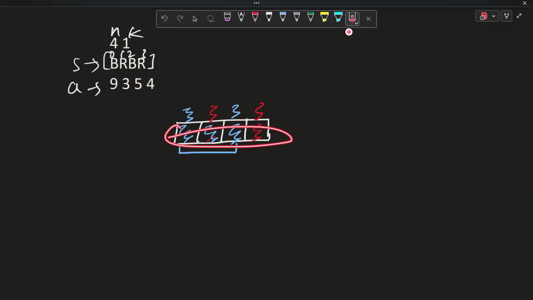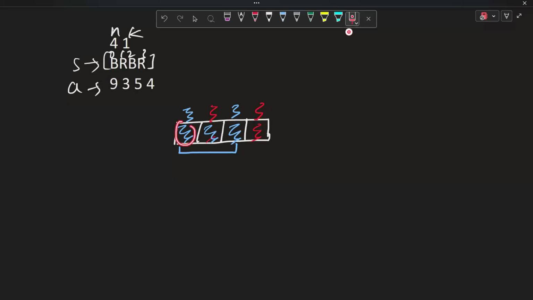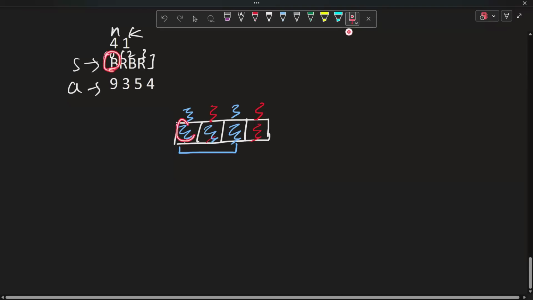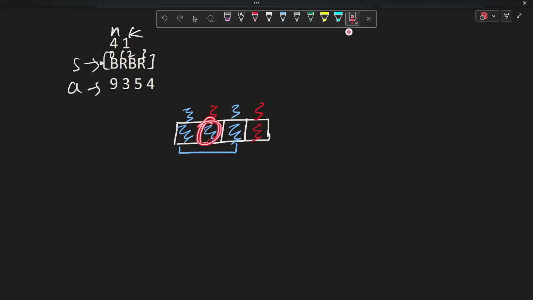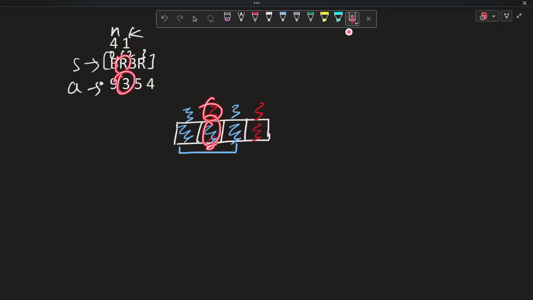So this would be my final strip. Now let's calculate the penalty. How would the penalty be calculated? First, the first strip needed to be painted blue. It is blue, so no penalty for that. Second strip, it needed to be painted red, but it is blue. So this would give you a penalty of 3.